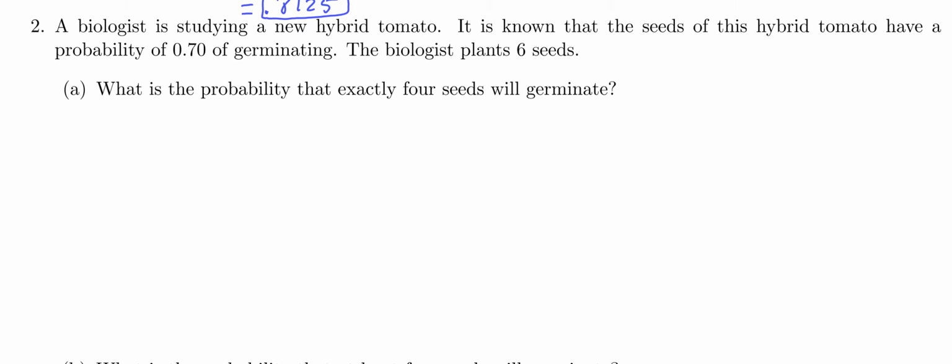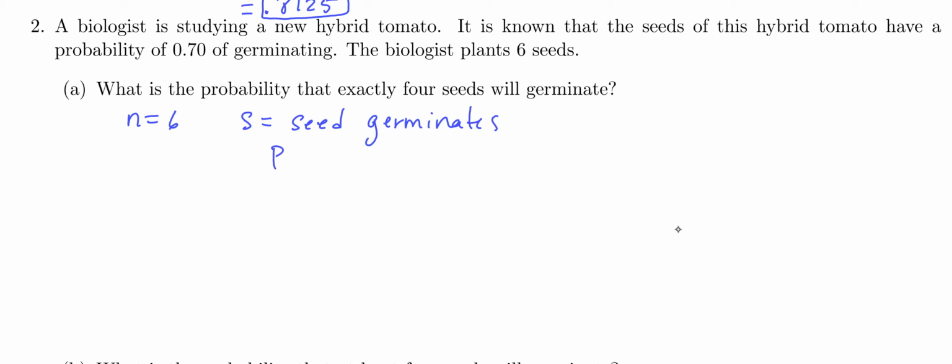In this example, a biologist is studying a new hybrid tomato. It is known that the seeds of this hybrid tomato have a probability of 0.7 of germinating. The biologist plants 6 seeds. So, n is equal to 6. Success is that a seed germinates.